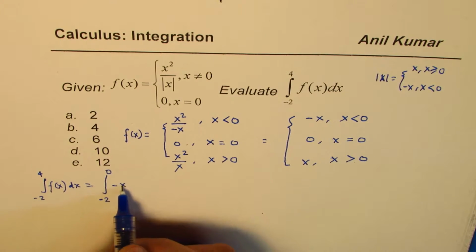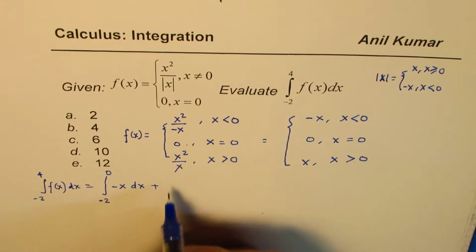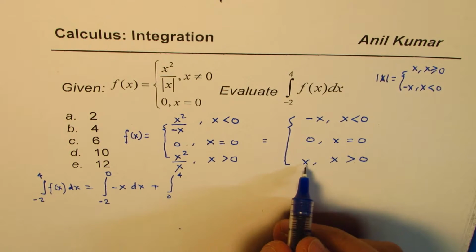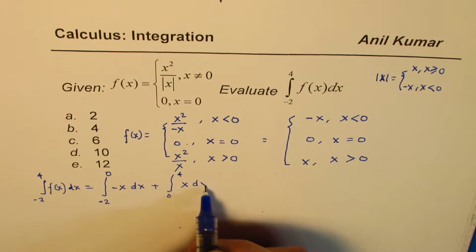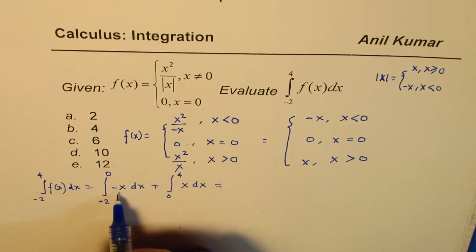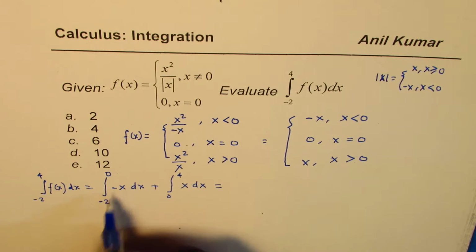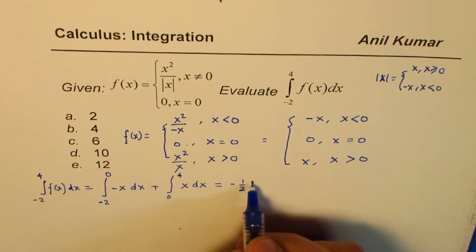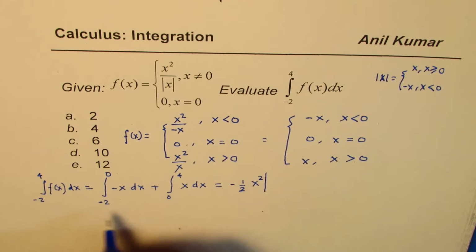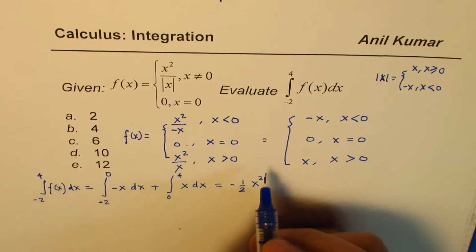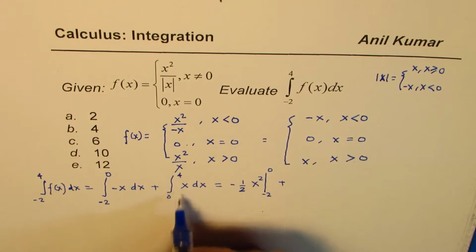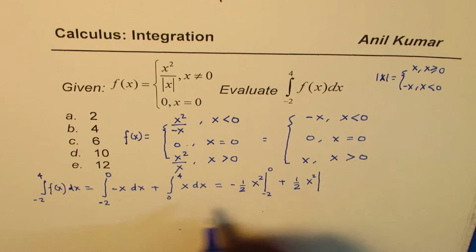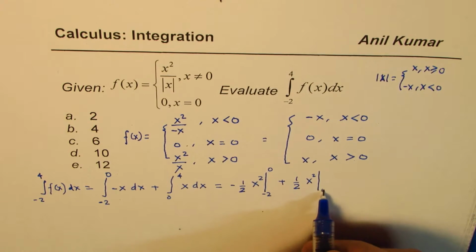So it is the integral of minus x dx plus the integral from 0 to 4 of x dx, right? Now the integral will be x squared divided by 2 with a minus sign, so we have minus half x squared, where x changes from minus 2 to 0, plus half x squared, where x changes from 0 to 4.